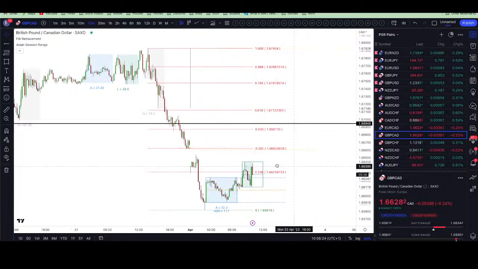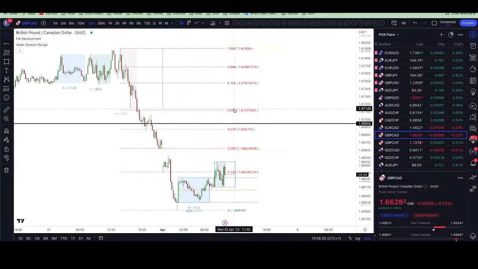Okay, so the usual thing for you to wait for is a pullback to at least the 618. You don't really want to be selling it from below 50. I'm not saying it can't sell from there, because we can obviously see this is where the daily break of structure is, but a better area for a pullback will at least be the 618, if not the 786.